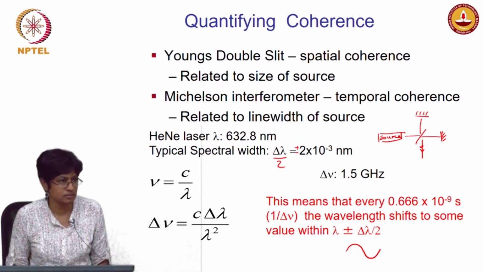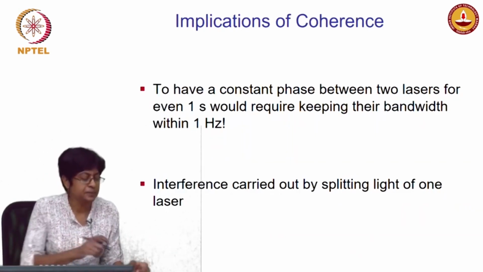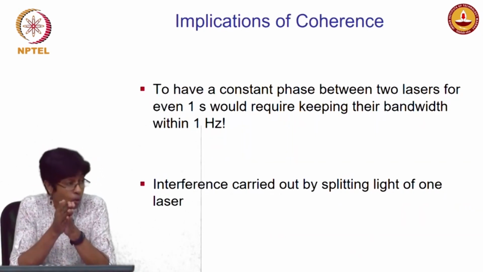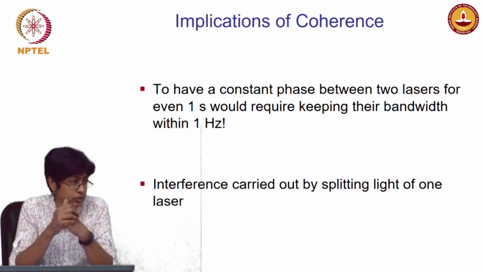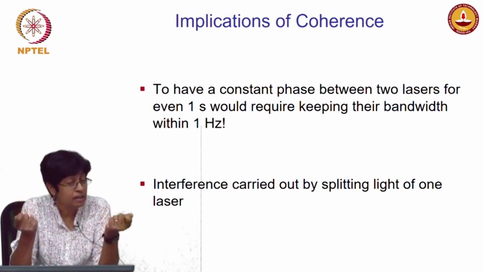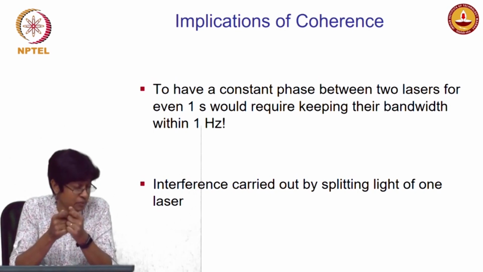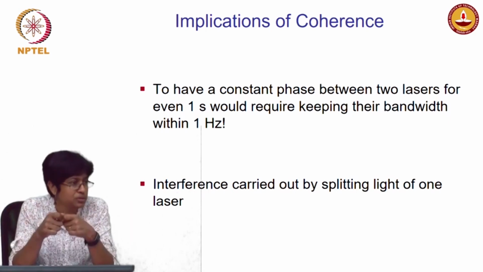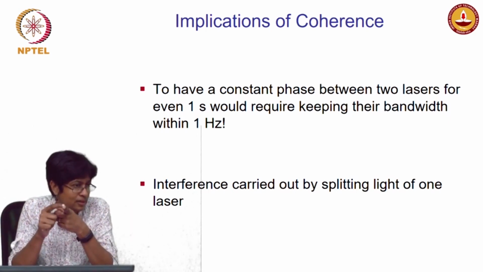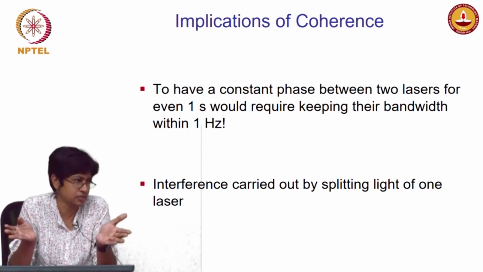Any questions? No? Okay. So, the implication of coherence is this: why don't I ever do interference with two different lasers? I would have to keep their phase relationship so accurate, because each laser individually, you saw what's happening. If I took two different lasers and wanted to ensure they were phase correlated, the kind of accuracy I would need is to date not achievable.